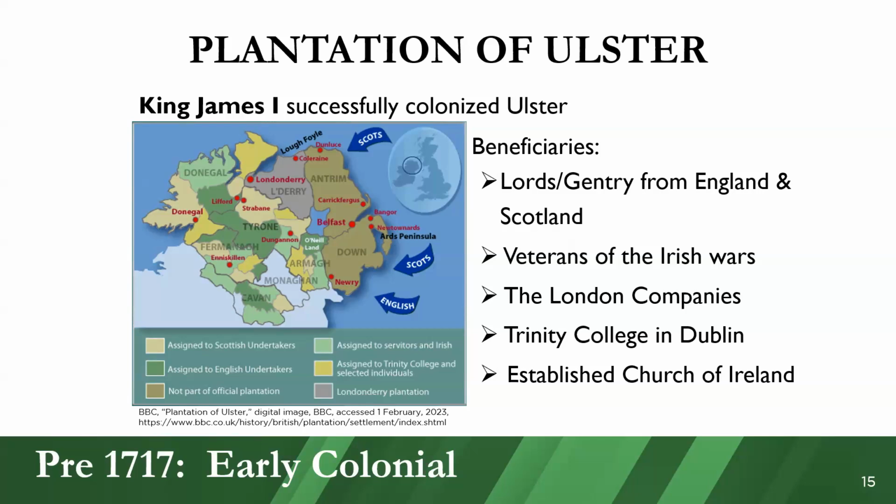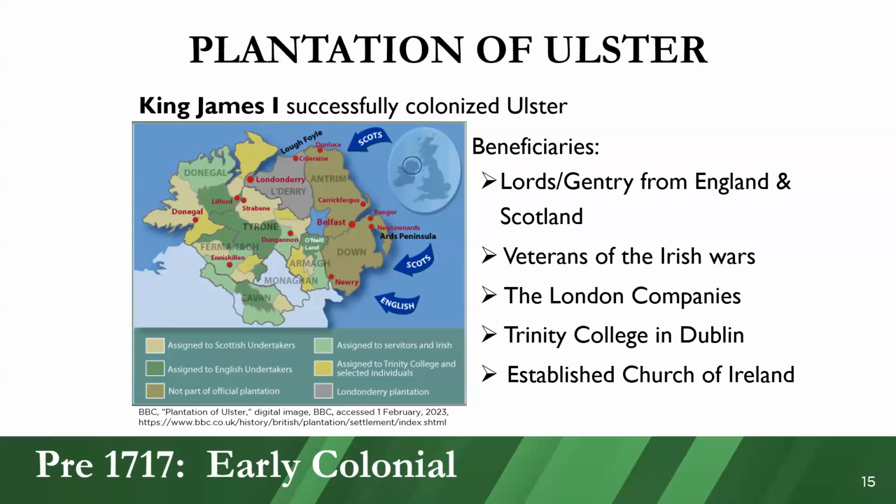So after the 9 Years' War, where the Irish chieftains had to flee Ireland, the English took over this area and they started divvying it up into different plantations. And they started giving that land to be settled by people such as lords and gentry from England and Scotland, veterans of the Irish War who were loyal to the English, London companies, Trinity College, as well as the church.